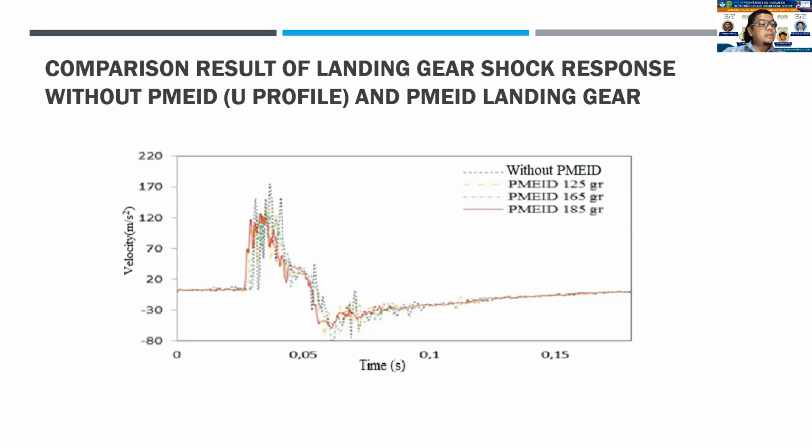The mass variation of 165 gram resulted in a decrease of 22.41%. The mass of 185 gram resulted in a decrease of 23.06%. This result explains the PMID method effectively reduces the shock load of the nose landing gear.